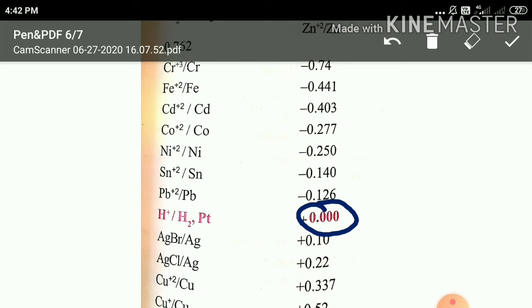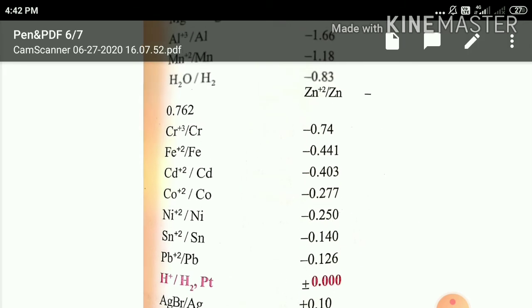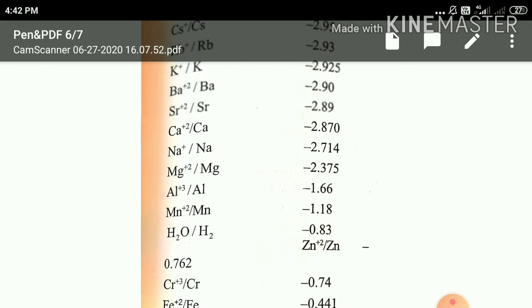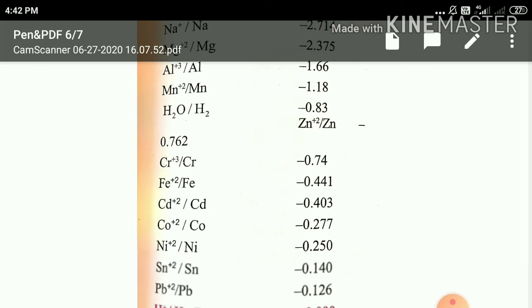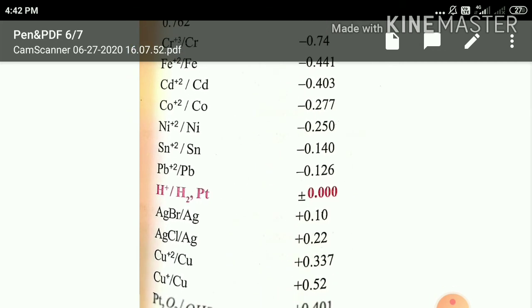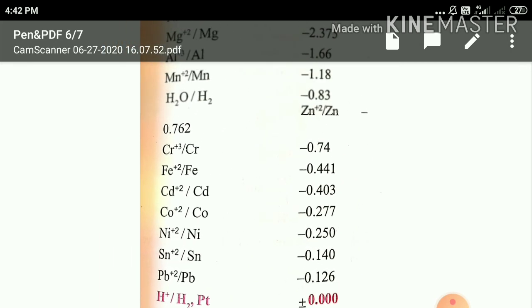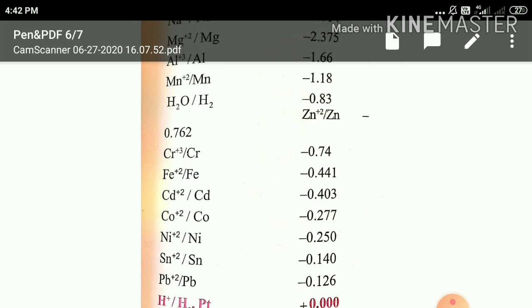So once you observe here carefully, zinc is present above hydrogen.